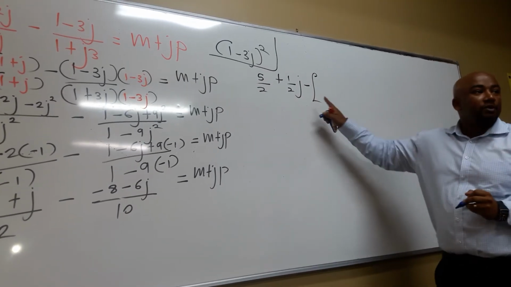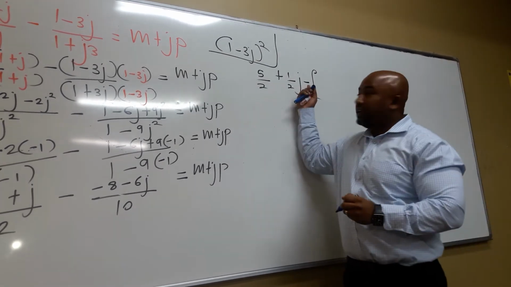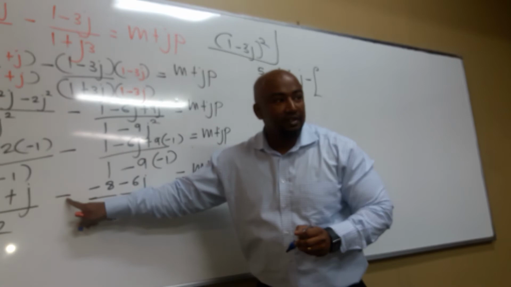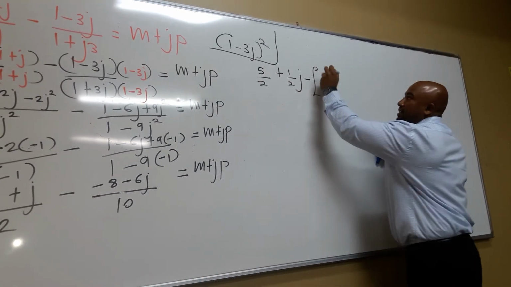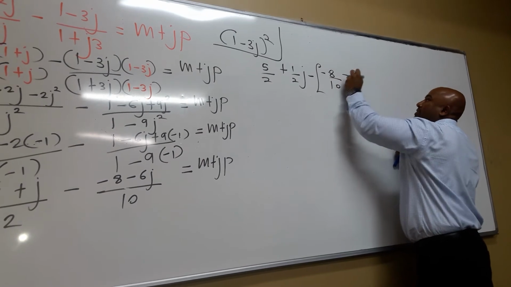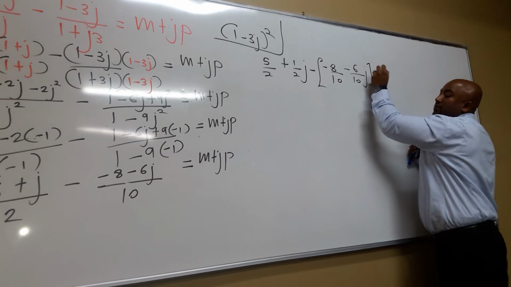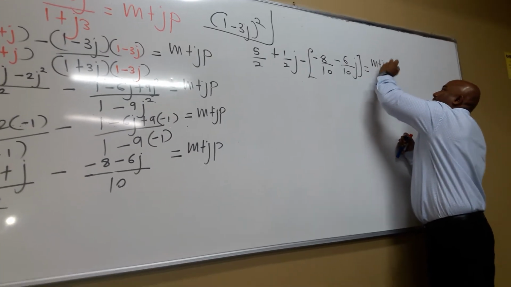Now notice I'm using brackets. Why am I using brackets? Because of the negative sign here. Can you see the negative sign? So now, this is minus 8 over 10 minus 6 over 10 j. You're clear with that? Is equal to m plus jp.